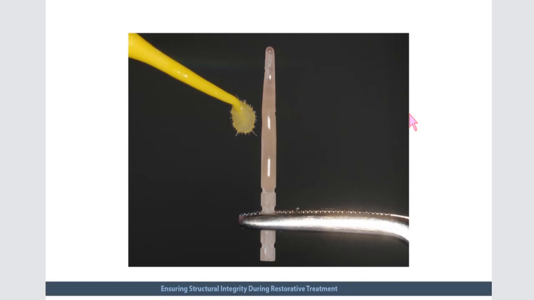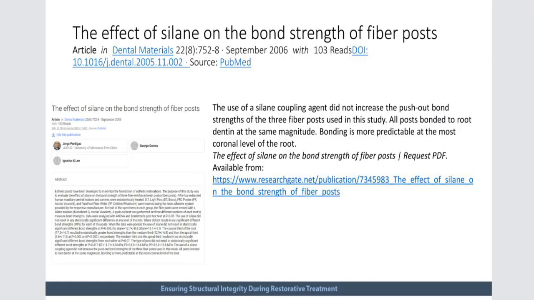I all the time treat the glass fiber post with bonding. I never use silane. It's just an additional step for me that I'll never do. There are some studies that show that the silane will not increase the adhesion dramatically.